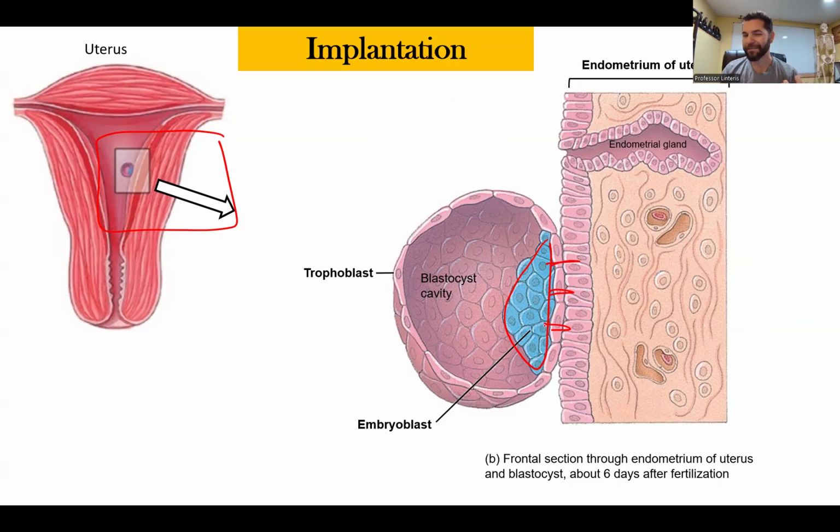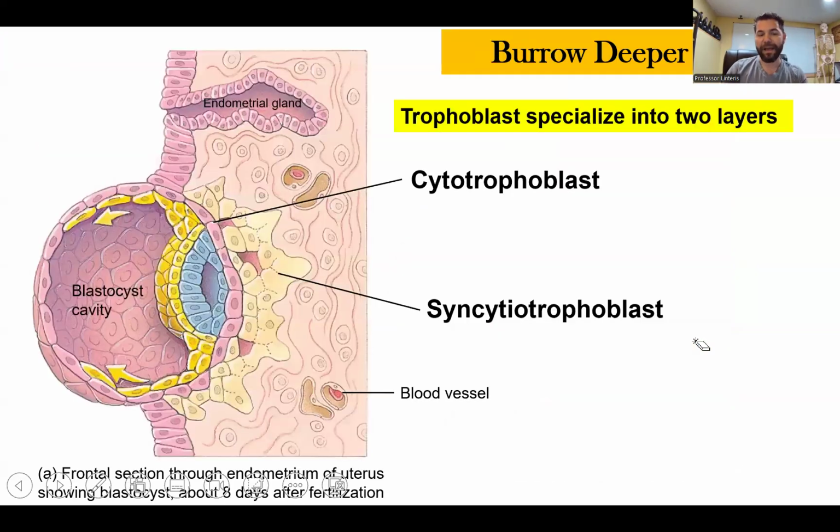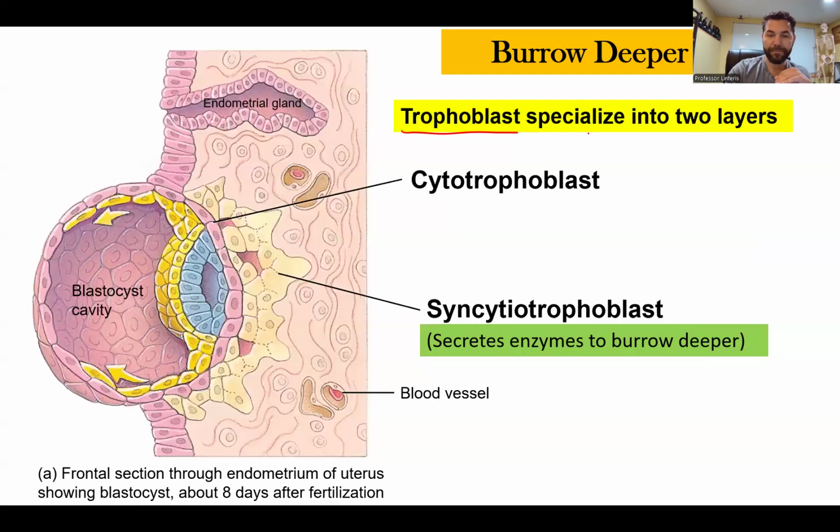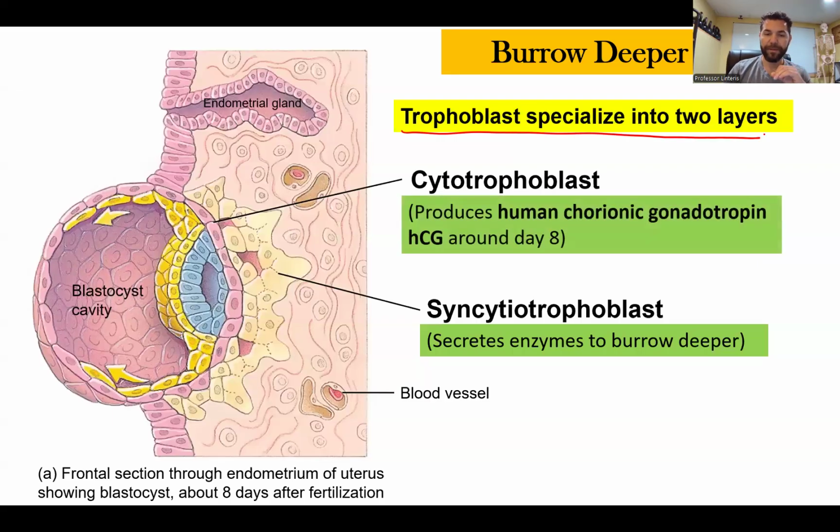Before it can start really developing, it's going to have to get itself in here so it's attached and safe. And we will see how that happens, right? It burrows deeper, if you will. The trophoblast, let's see, specializes, right, into two layers.